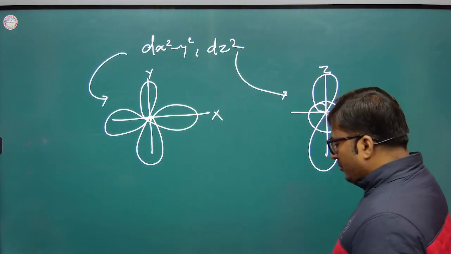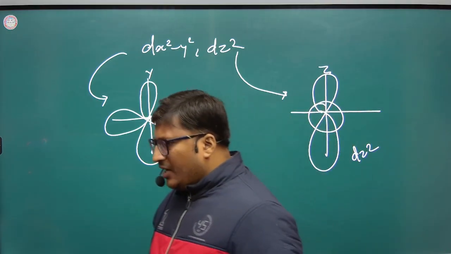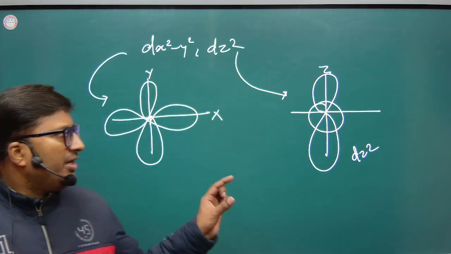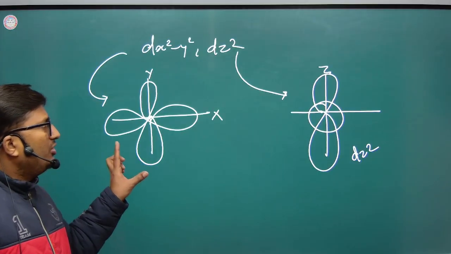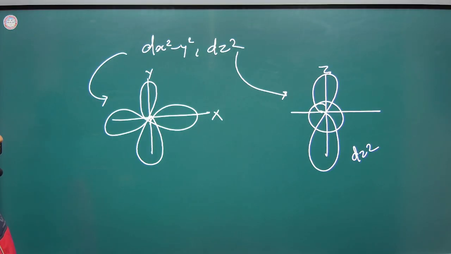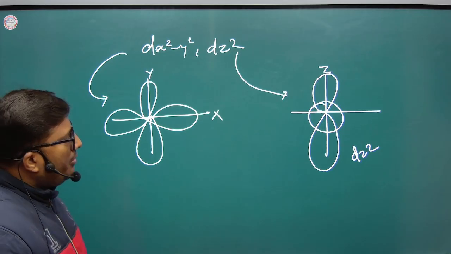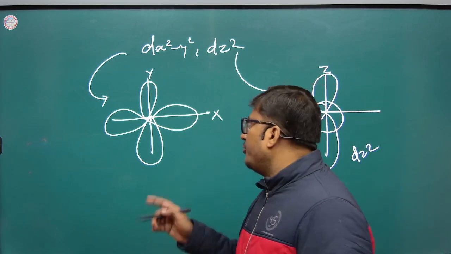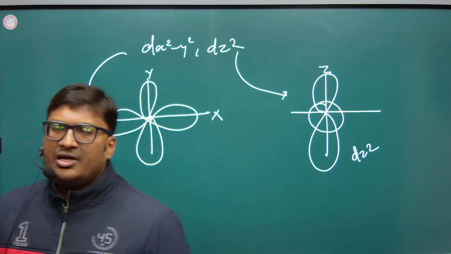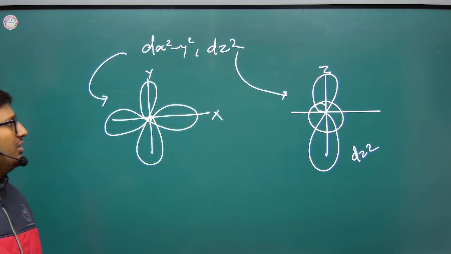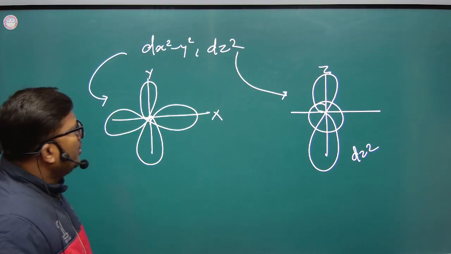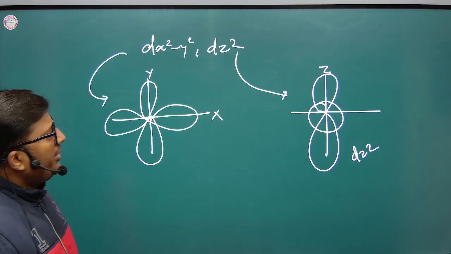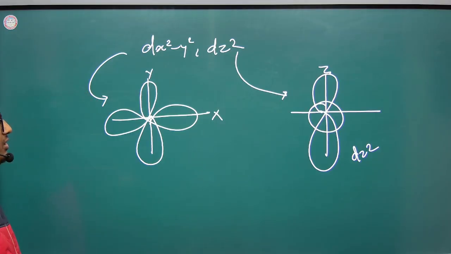So the d orbitals have three different sets of orbitals and two different sets of orbitals. All these orbitals have different tendencies to form a dative bond with a shared pair of electrons present in the ligand. This is the overview of the orbitals that can accommodate a pair of electrons from the ligand.